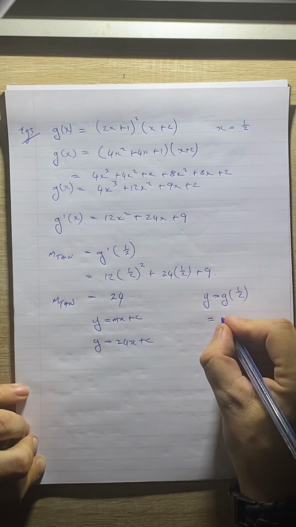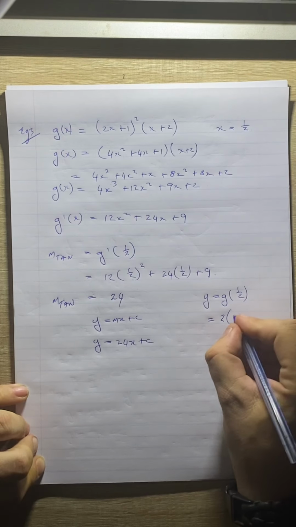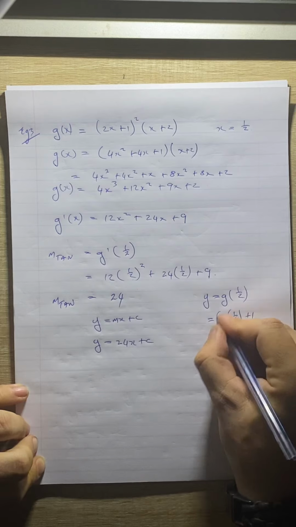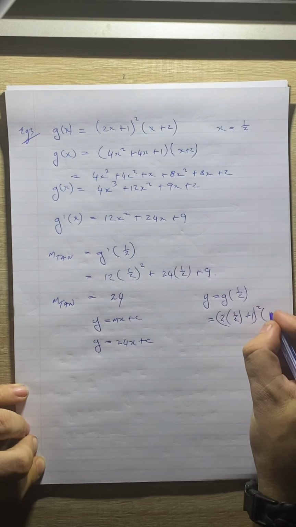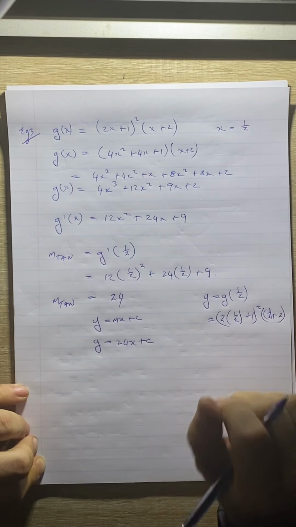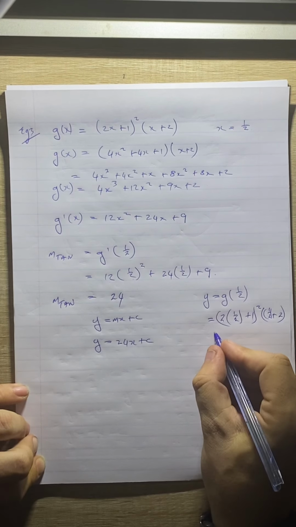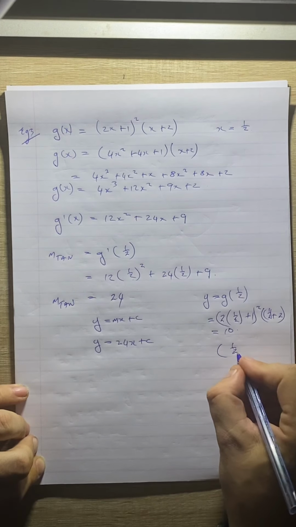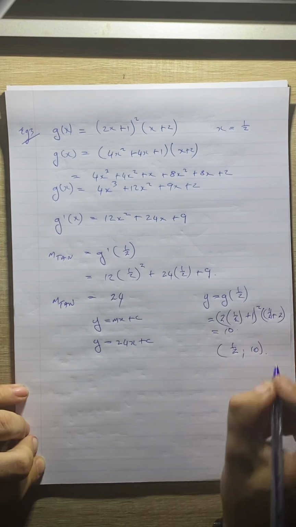So we get here 2 times a half plus 1 squared times a half plus 2, and that will give us 10. Okay, so the point of contact here is (a half, 10).